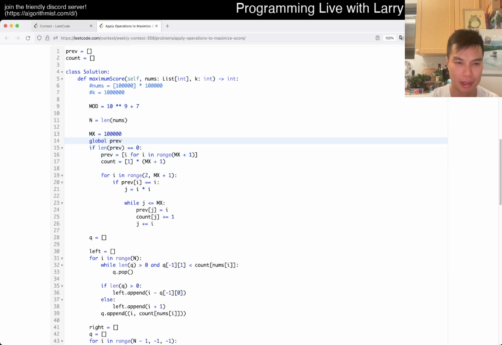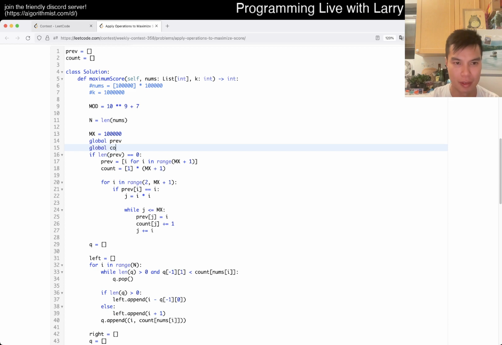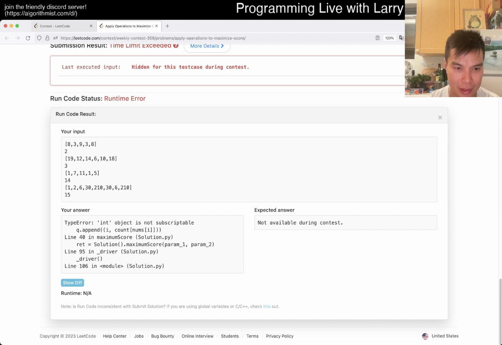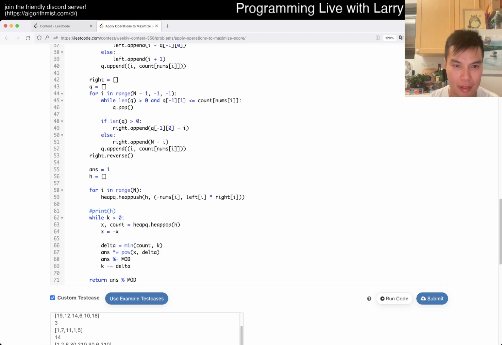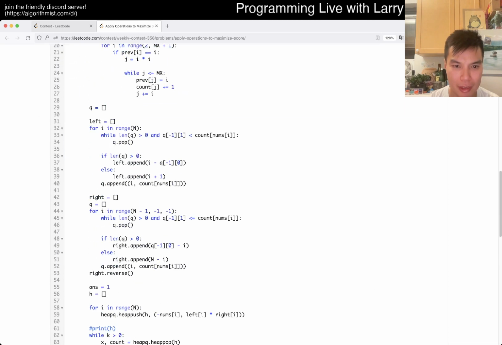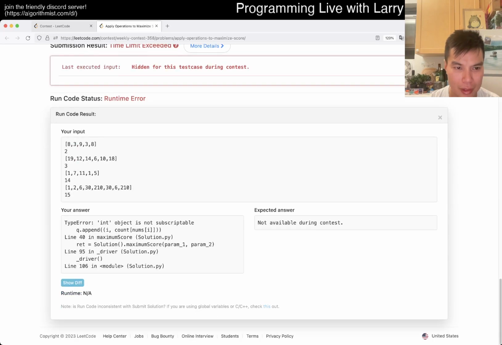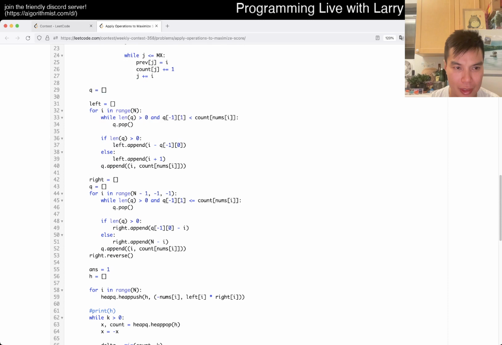Something like this, maybe. I think it's kind of crap that you have to resort to it, but still. An object not. Line 40.